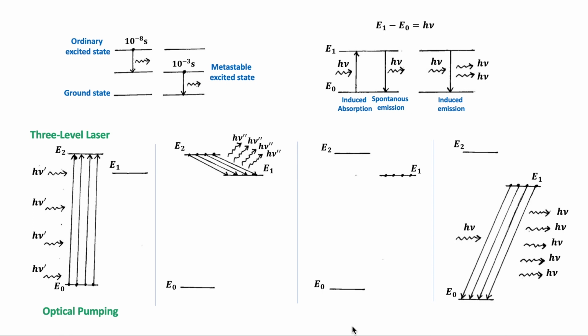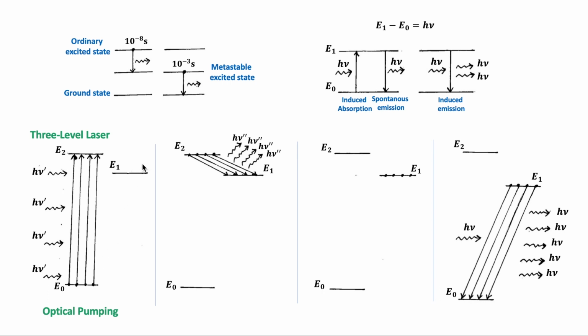And the reason 3 levels are needed is because let's suppose we have only 2 levels, E0 and E1, so the ground state and the metastable state. Then pumping will induce downward transitions from E1 to E0 and an equal amount of upward transitions, okay? This results in half of the atoms being in each state.